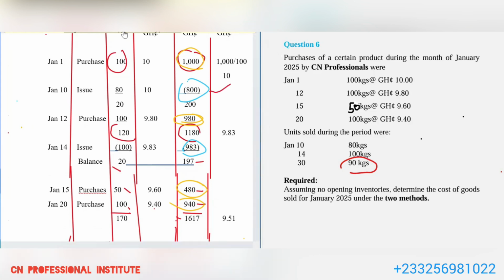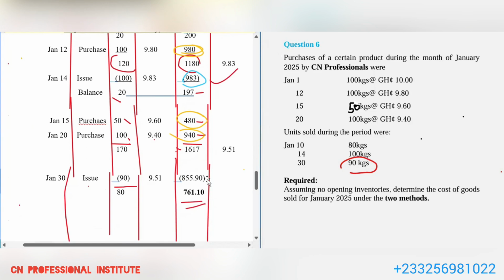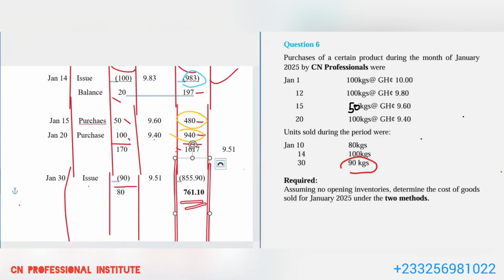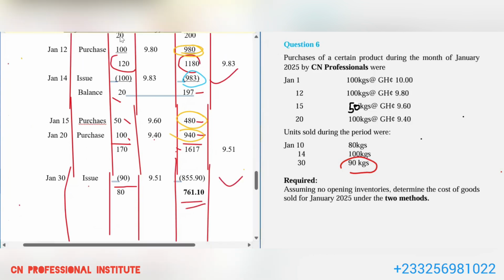And then what's the other issue? 983. Then another issue is here, this one, 855.90. So let's go and sum them up to get our issue.